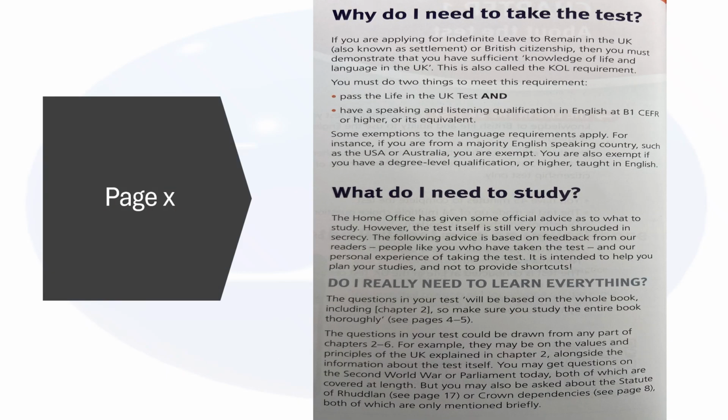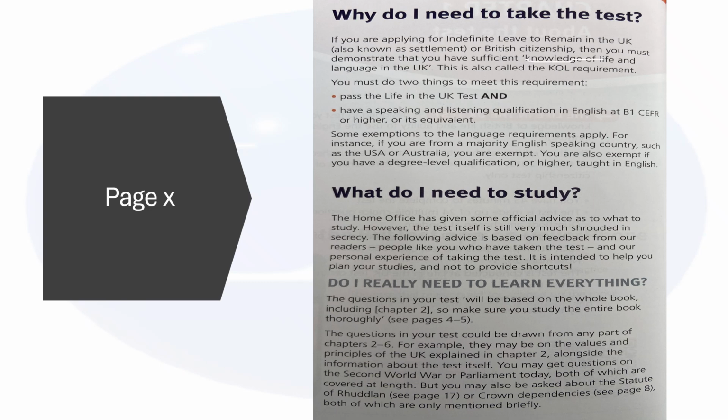Let's move on to the next page. Now it says, what do I need to take to the test. If you are applying for indefinite leave to remain in the UK, also known as settlement, or British citizenship, then you must demonstrate that you have sufficient knowledge of life and language in the UK.